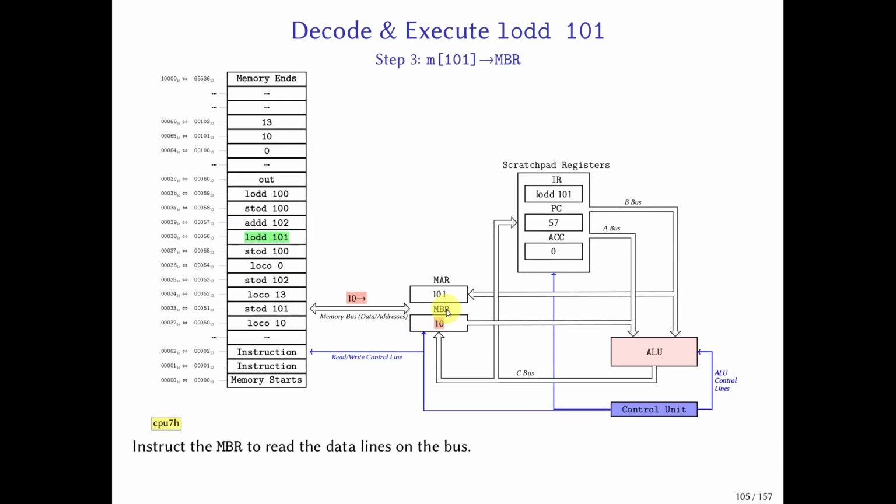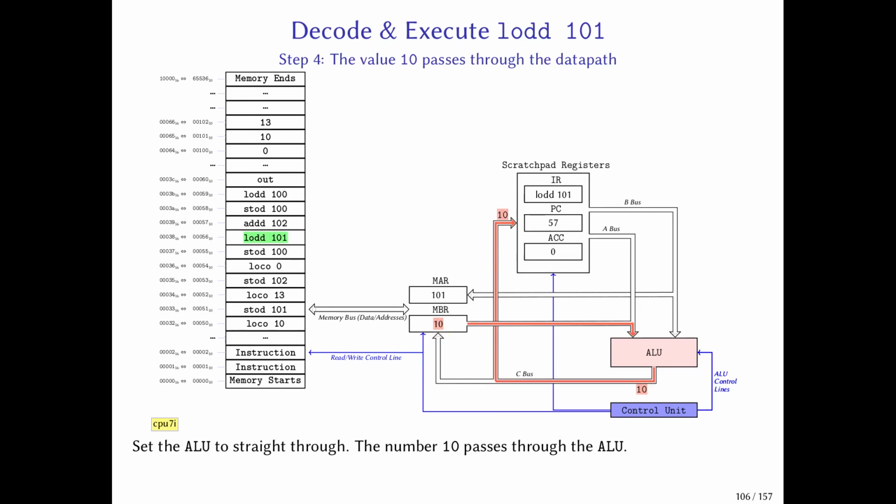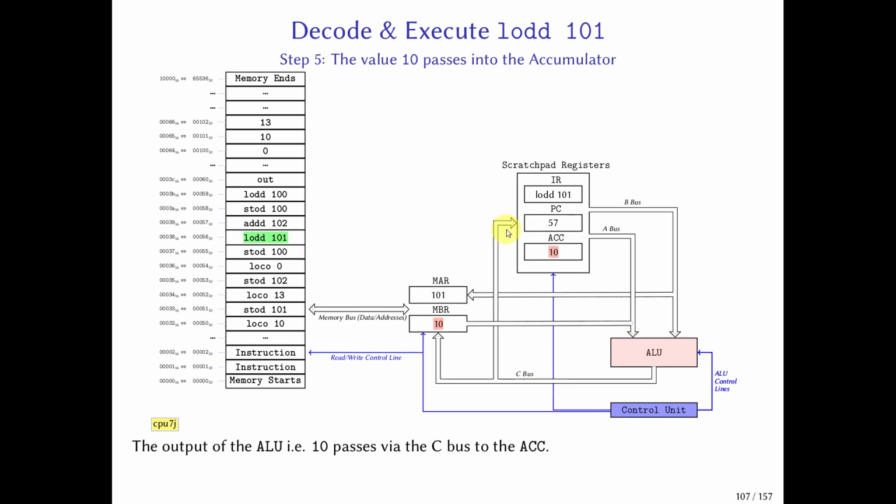The next step is for the CPU to read the inputs that are being inserted at the data part of the bus, bring it into the MBR, and then from the MBR transfer the value 10 through the network of internal buses inside the CPU, the data path, so that they become an input to the scratch registers and then become a value inserted into the accumulator.